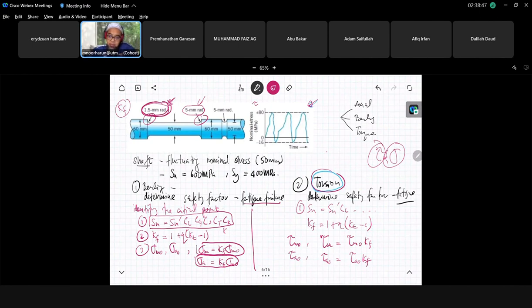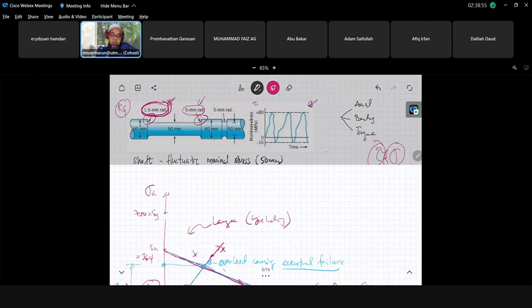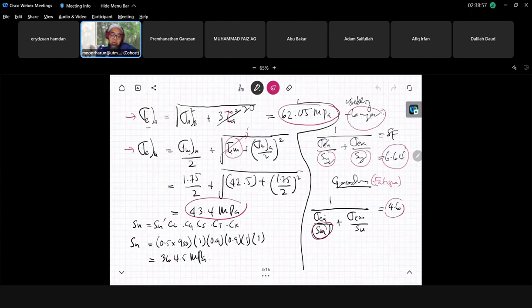If there is just one, just focus on one, there's no need to use the equivalent. Kalau ada satu bending stress, satu shear stress, kena gunalah equivalent ni untuk combinekan dia. Kalau just satu saja, just fokus pada satu.